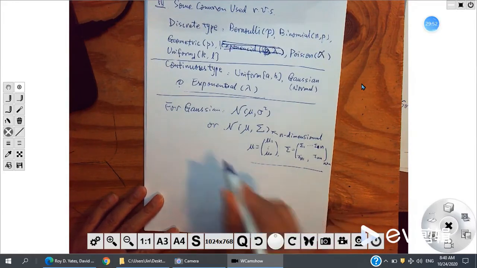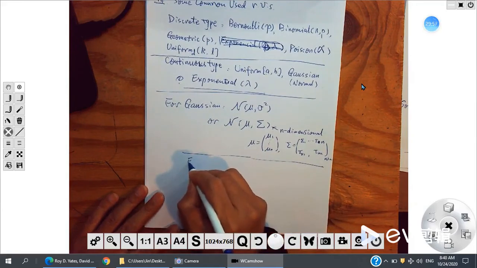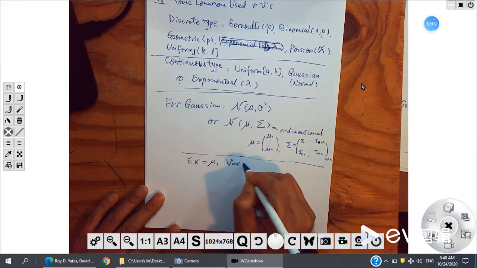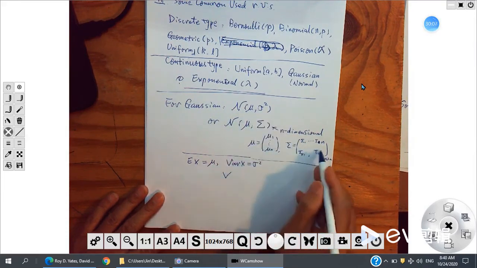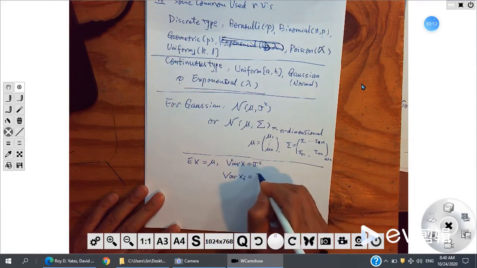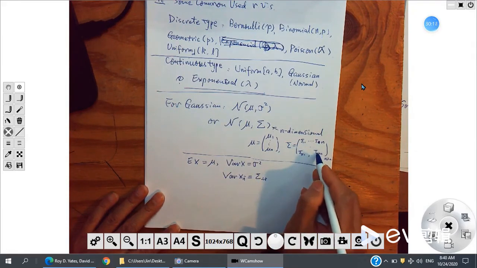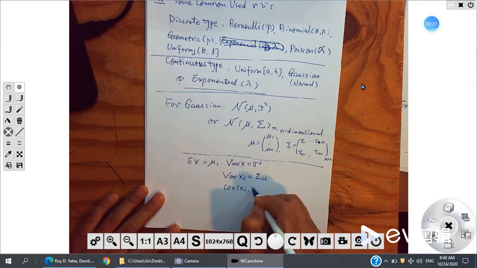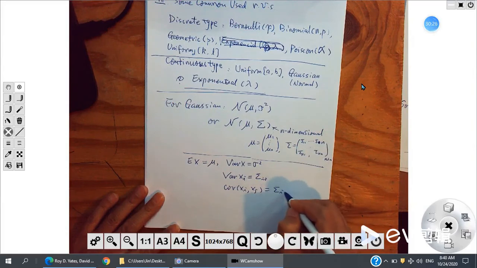And for the Gaussian, we have some good features. The expectation value will be mu. The variance equals sigma square, and for the multiple case, the variance of xi will be the element sigma ii, and the covariance of xi and xj will be the element sigma ij.